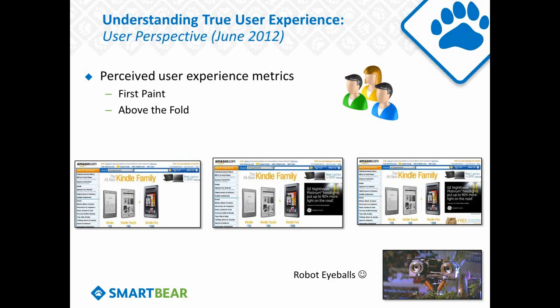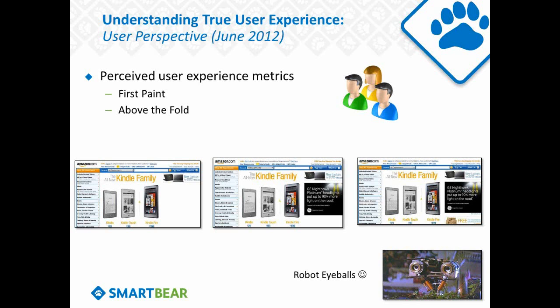So the perceived performance metrics that AlertSite is bringing to the table in June allow us to measure observationally from the user perspective the first paint timings and the above the fold timings, so how long it takes the page to stabilize in the visible viewport of the browser.